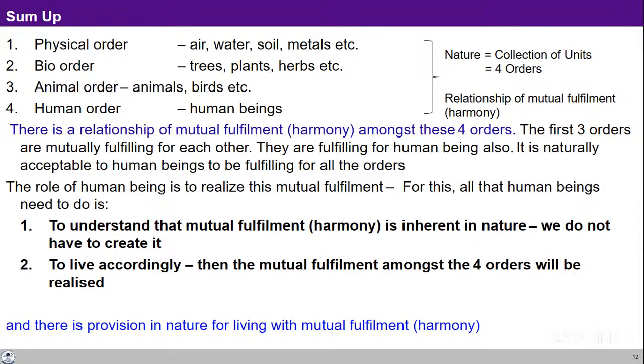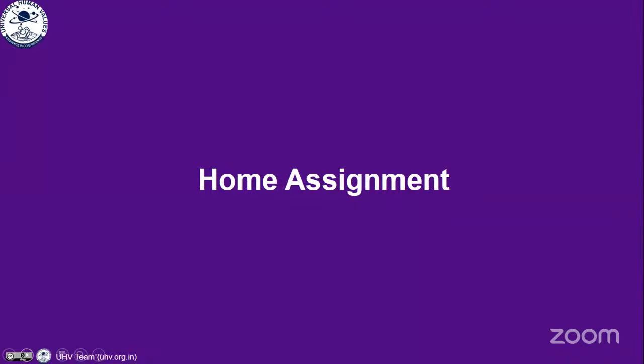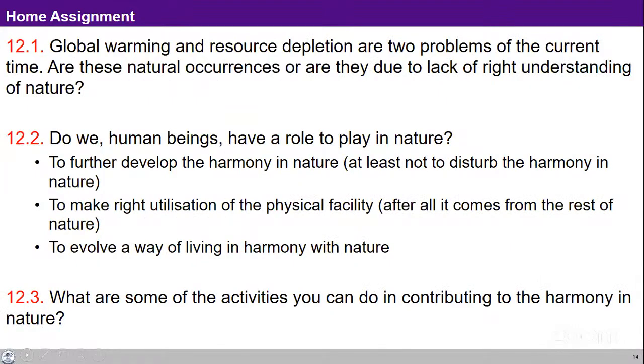So, how can we realize that harmony? By understanding harmony and living according to that. This is what we discussed. Actually, we have been continuing this discussion on nature for the last 3 weeks. That's why I thought we need to finish it, and we'll discuss the assignments also today.